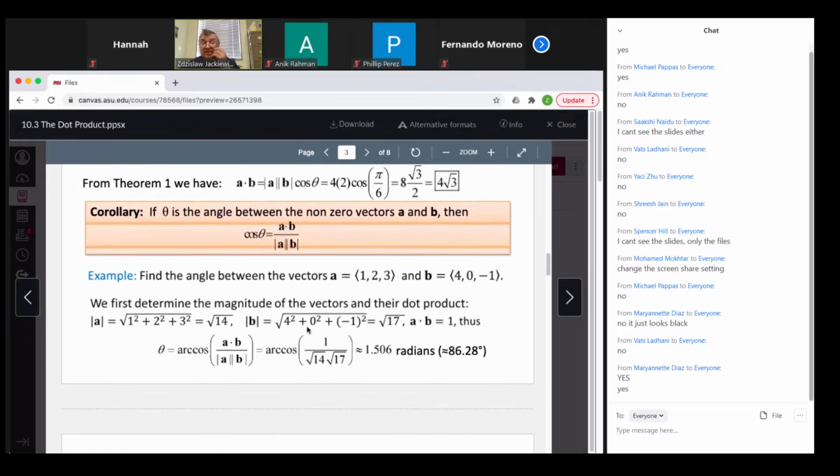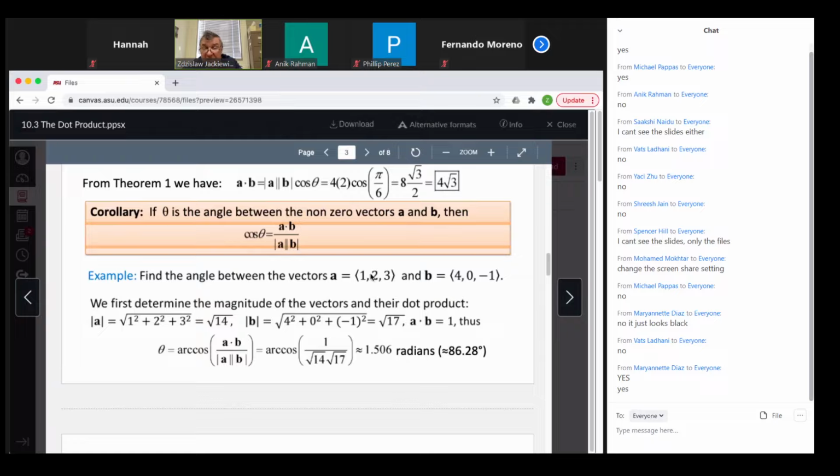So here is an easy example. You have two vectors, A and B, and you would like to compute the angle between them. Of course, cosine theta is A dot B over magnitude of A, magnitude of B. So theta is arc cosine, inverse cosine, and then you compute it. What is the dot product? Well, 1 times 4 plus 2 times 0 plus 3 times minus 1.